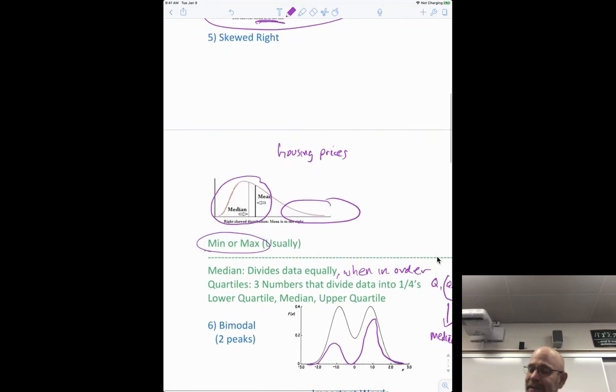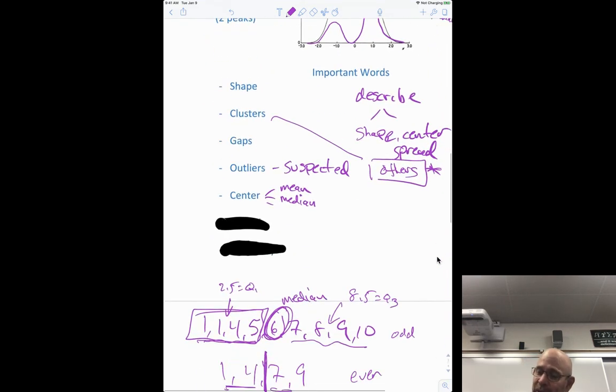If some guy out here had a $10 million, or let's go $100 million house, a lot of money, what would happen is the average would go way out here. So it would be out of whack. So if you see housing prices ever in the newspaper, it's almost always median they talk about because the median is not affected by the outliers. Okay, we'll talk about that more also as we go.